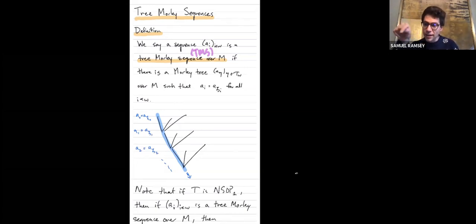So recall zeta_i is the identically zero function that starts at i. And so what I'm saying is if I have a Morley tree whose all zeros path corresponds to the sequence I'm given, then that means that the sequence is a tree Morley sequence.